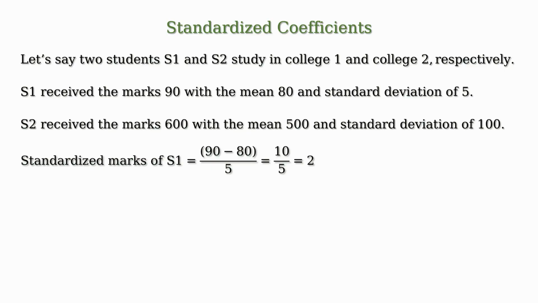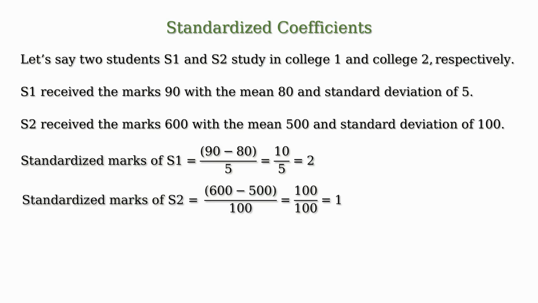Standardized marks of S1 is equal to (90 minus 80) divided by 5, that is equal to 2. And standardized marks of S2 is equal to (600 minus 500) divided by 100, that is equal to 1.